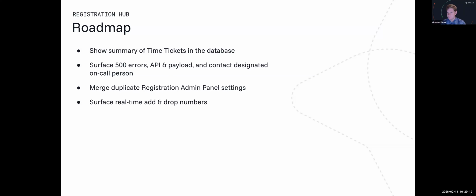You want to get the high-level, more real-time metrics. We want to surface those numbers as well so that you can see what it looks like as time goes on. What percentage of overall students did we want to be registered at this point, and what are we seeing in real time?